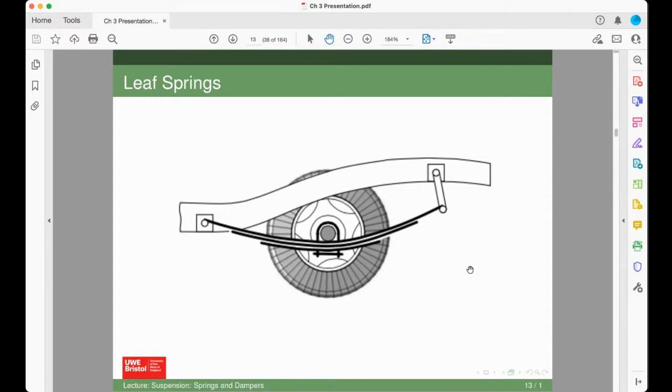You've got basically a leaf of metal, and as you deflect the wheel, that metal will bend, giving you some suspension. They can be used to locate an axle, which is one of the advantages, but often you still have additional linkages.